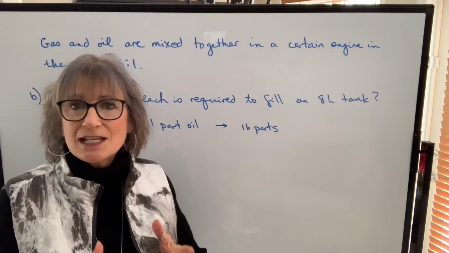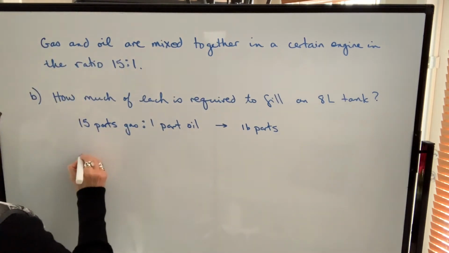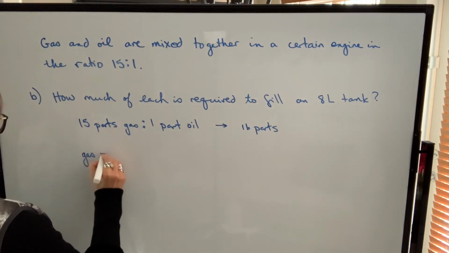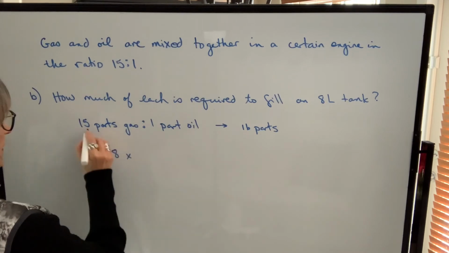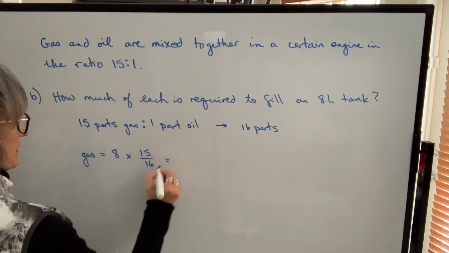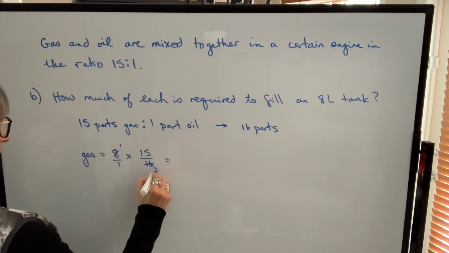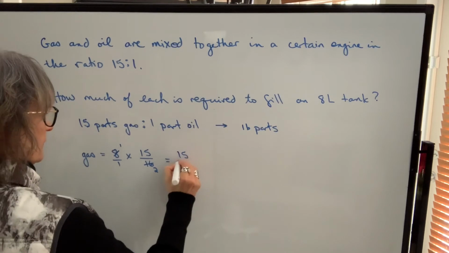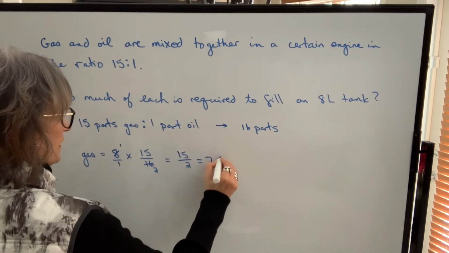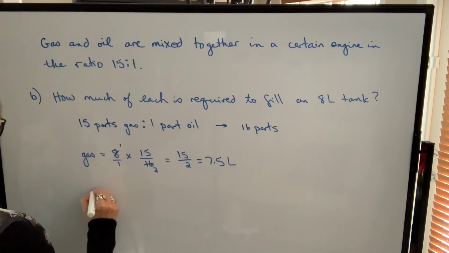So what I'm going to do is take my full tank, 8 liters, and multiply by those fractions. So the amount of gas will be 8 liters times 15 out of 16. When I multiply that, I can cancel the 8, and I'm going to get 15 divided by 2, which would be 7.5 liters. I do the same thing for the oil.